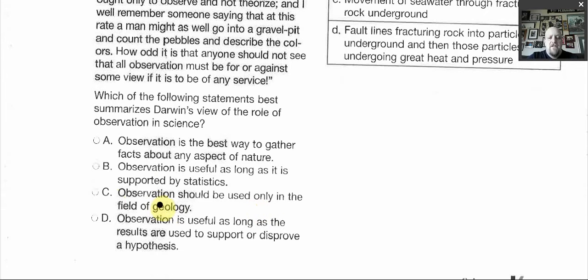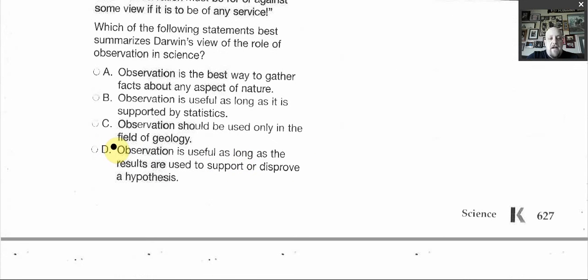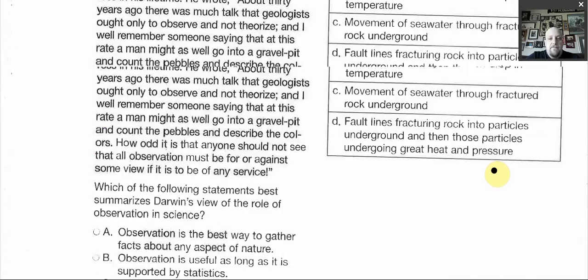Observation should only be used in the field of geology. Totally incorrect. Every field of science uses observation. Observation is useful as long as its results are used to prove or disprove a hypothesis. He says that right in here. "How odd it is that anyone should not see that observation must be for or against some view." Your answer is D.